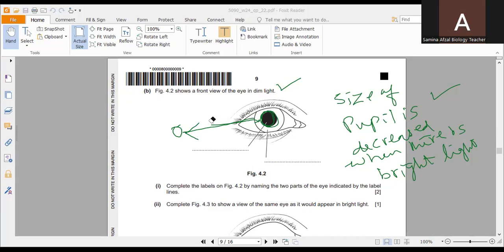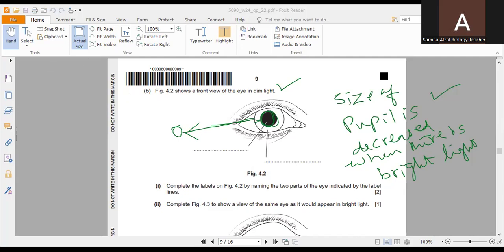So this is the normal when there is dim light. You can see the pupil size will increase. But when there is bright light, the pupil size will be decreased to avoid more light entering the eye. So it is a protective action which the eye performs.